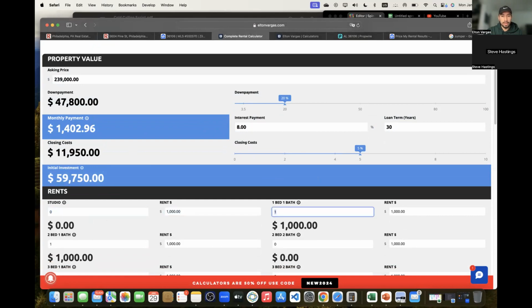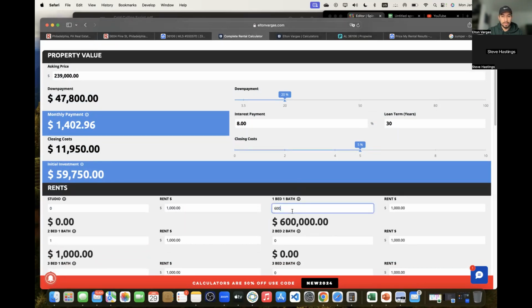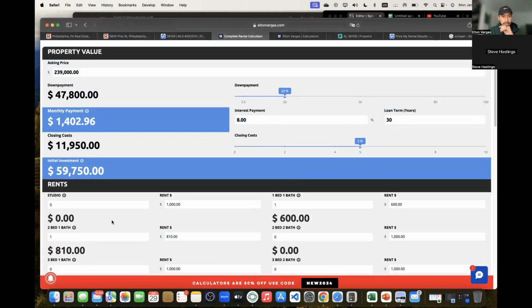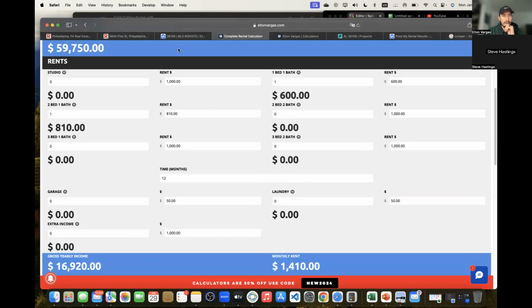So the 1-1 is currently rented for 600. It's a 1 bedroom, and the 2 bedroom, a 1 unit, is renting for 810. Awesome. So what else?